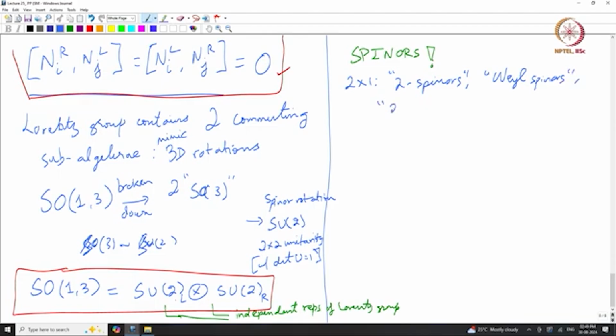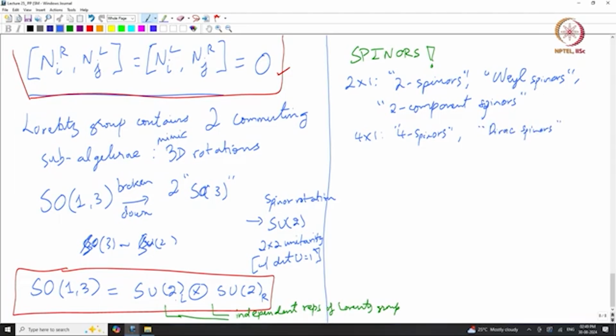Some people just call them 2 component spinors and so on, to distinguish them from the 4 spinors or the 4 component spinors or the Dirac spinors, okay. Let me just write that 4 cross 1 that we started out with, they are the 4 spinors or the Dirac spinors.